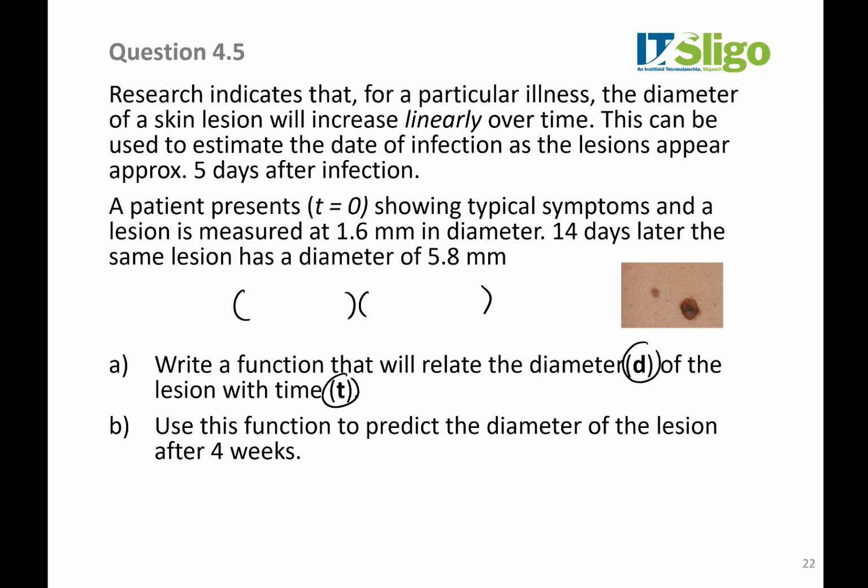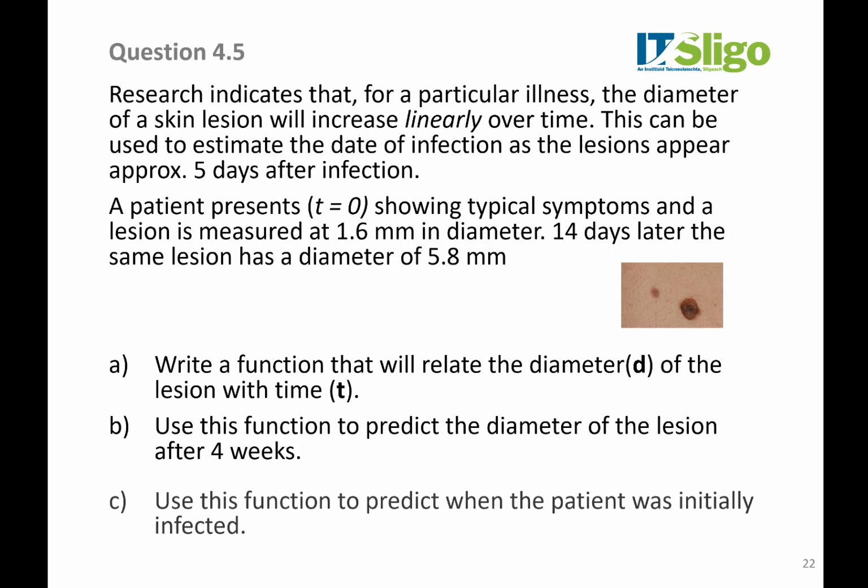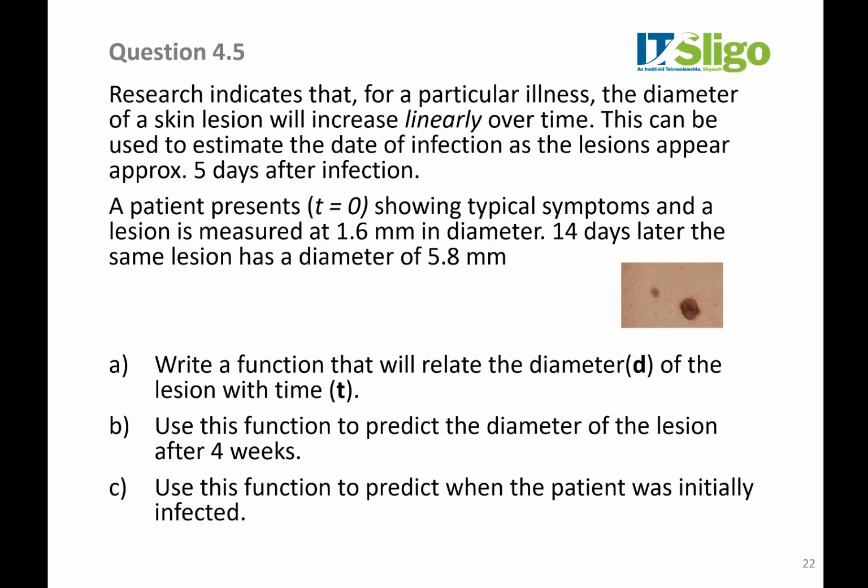Once we have established that function, guys, use it to determine the diameter of the lesion after 4 weeks. Everything up till now, guys, has been in days, so you probably will have to change the 4 weeks into days. And use this function to predict when the patient was initially infected.